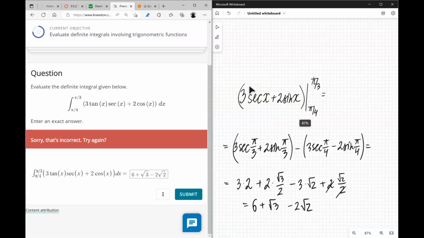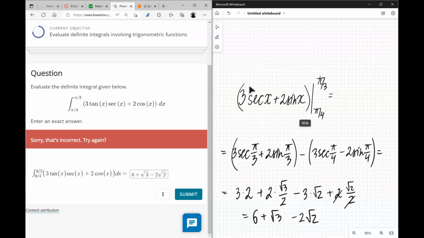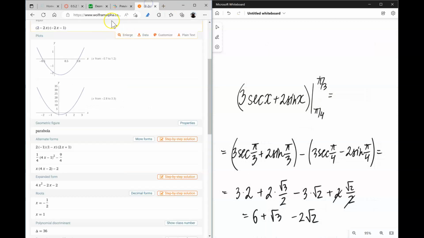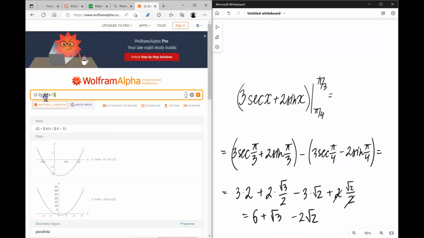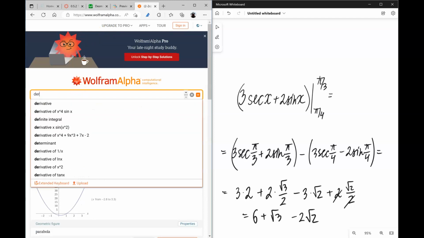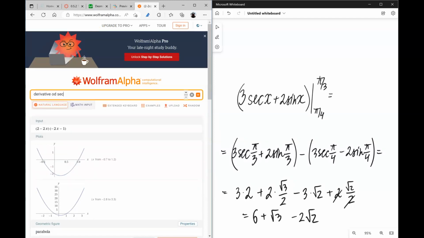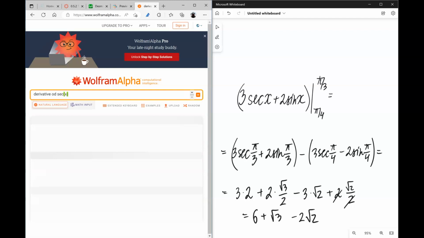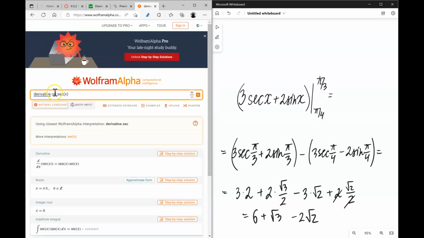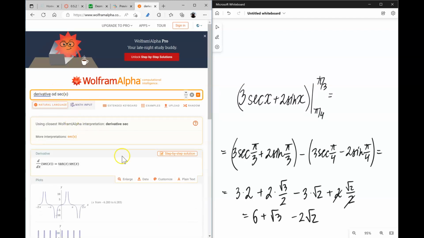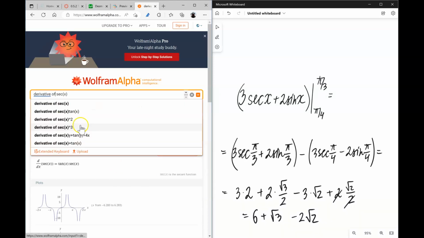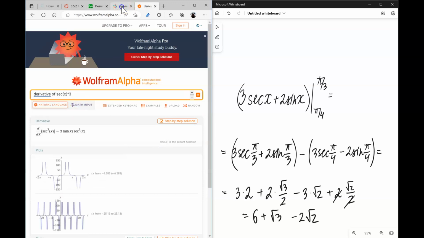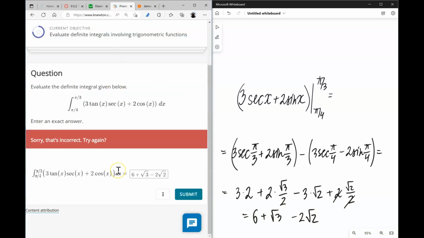I guess the only thing I'm not sure about here is what's the derivative of secant, and let's check. Derivative of secant is tangent secant, so that's fine. So 3 secant plus 2 sine.